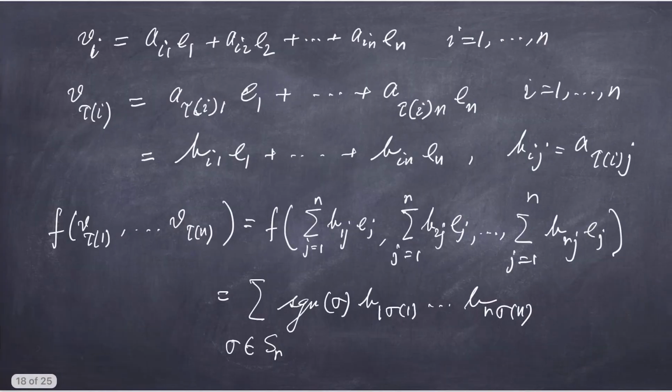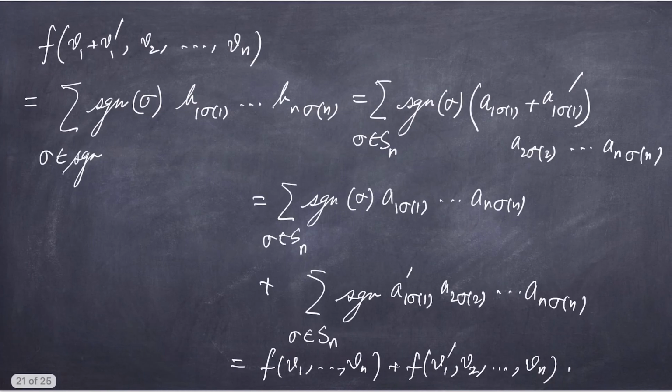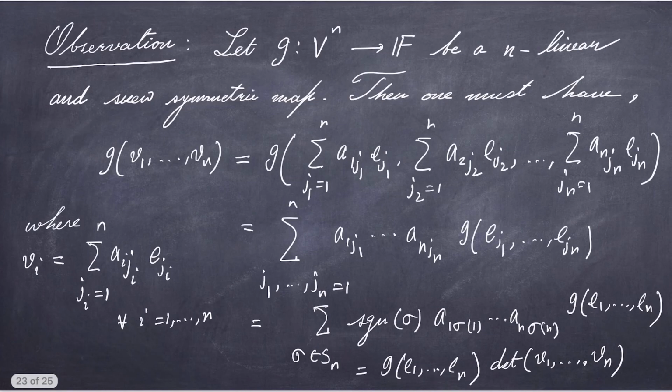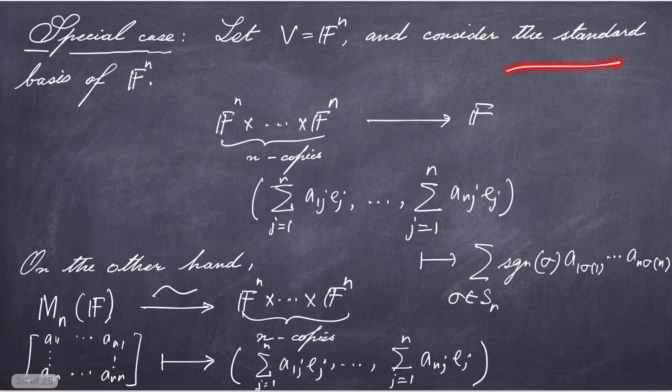So we now specialize to V equal to Fn and the standard ordered basis of Fn. Then for this V and the standard ordered basis, we do have a determinant map that sends a tuple of vectors to this. Now we can easily see that this n-fold Cartesian product of Fn is linearly isomorphic to the space of square matrices.